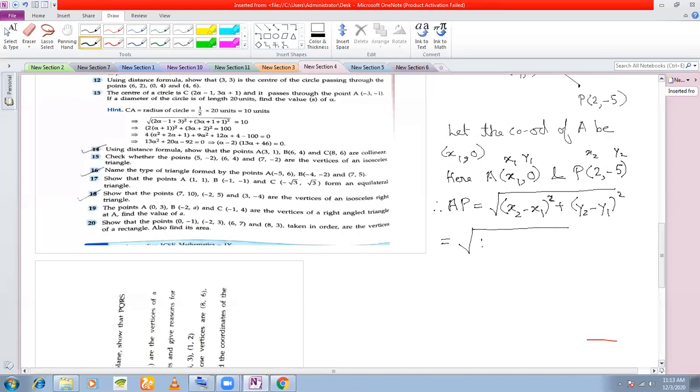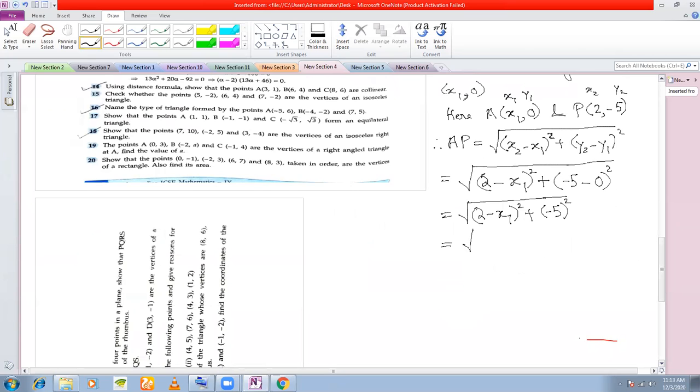X2 here is 2 and x1 here is x1, and I have to find it out, plus y2 here is minus 5 and y1 here is 0. Root over of 2 minus x1 square plus minus 5 square, which is equal to root over of 2 minus x1 square plus 25. This is the distance AP.